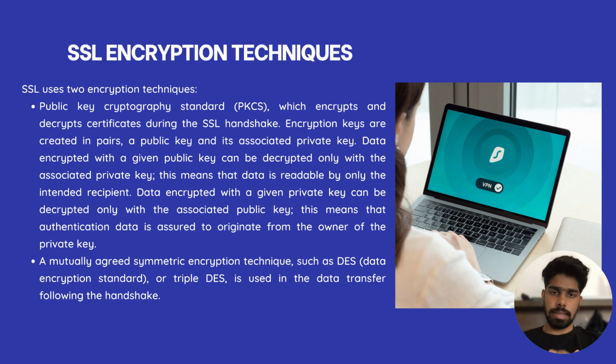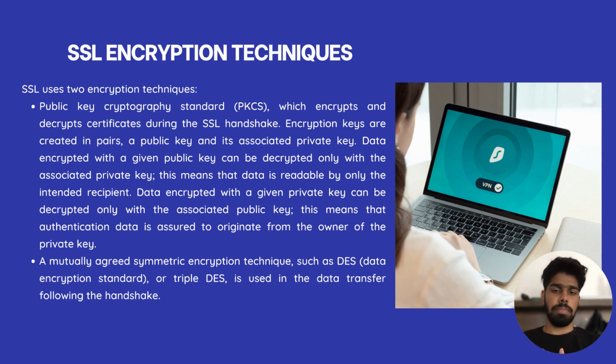Now, SSL encryption techniques. It uses two techniques. One is the public key encryption standard, which encrypts and decrypts certificates during the SSL handshake. Encryption keys are created in pairs, which we know from many algorithms: a public key and its associated private key. Data encrypted with a public key can only be decrypted with a private key.